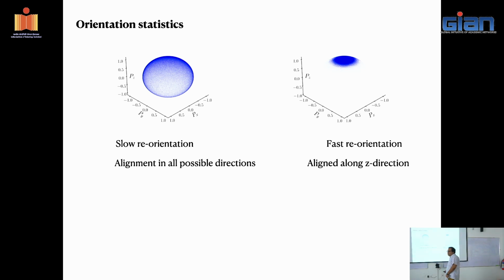If they are slowly reorienting, they experience all directions, which I have plotted here as px, py, pz, the components of the direction vector along x, y, and z. And you see it emerges as a spherical kind of object. Each point gives you the orientation vector. Now if you have fast reorientation, you see most of them align along the vertical, that is the z.